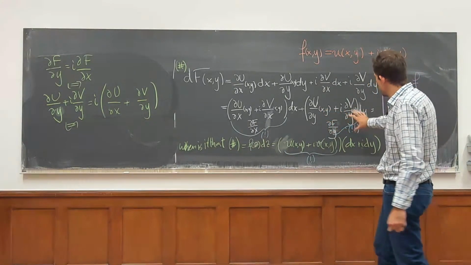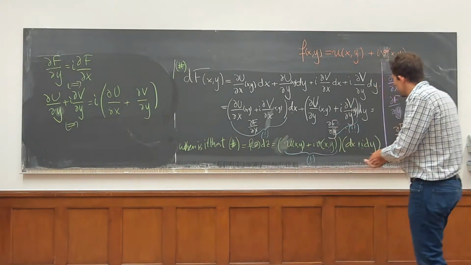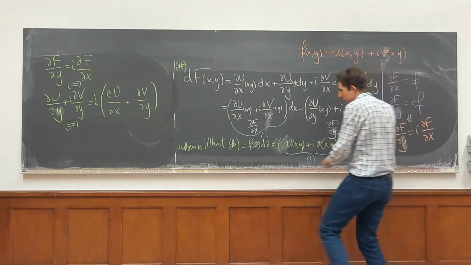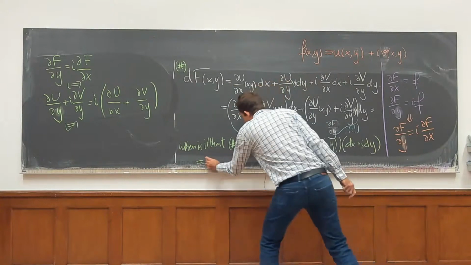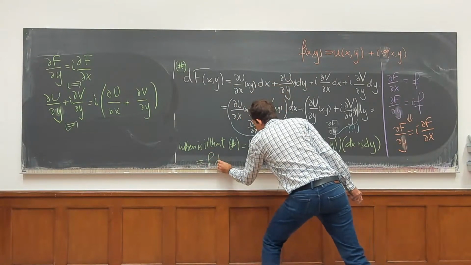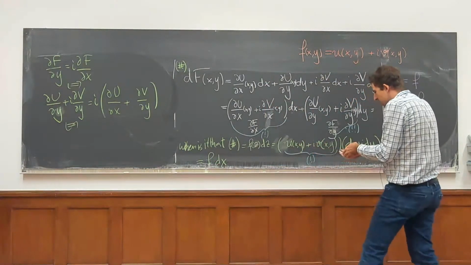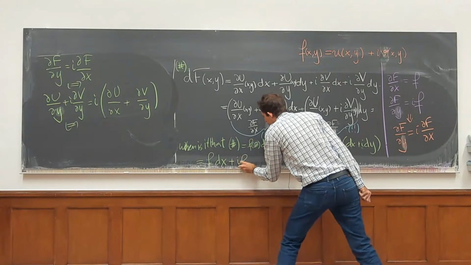So this term, this derivative of f with respect to y, right, needs to be okay. Let me write another equation. Right, this is equal to f dx, where f I'm just identifying as u plus iv, plus i f dy.